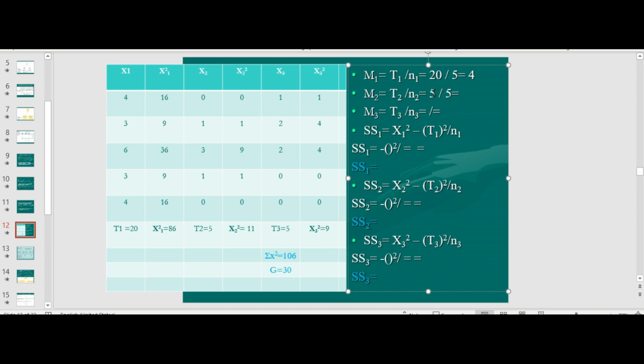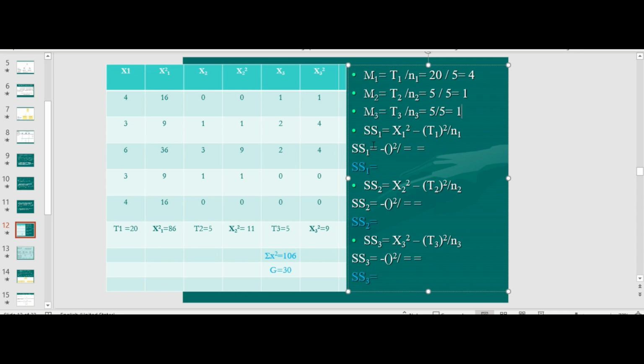Then the mean value of sample 2 is equal to 1. T3 is also 5 and N3 is also 5 and the mean value is also 1.